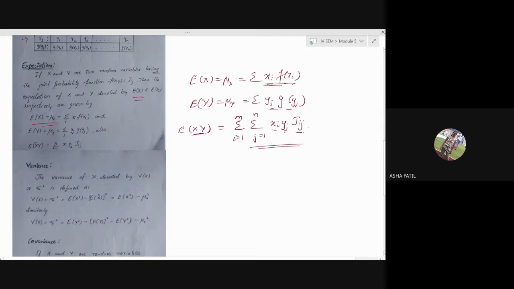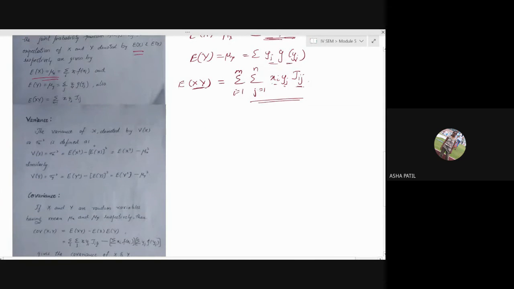Now next comes the variance. Again, you know the formula. Variance, denoted by V, of x is sigma x square. We have it as expectation of x square minus expectation of x whole square.